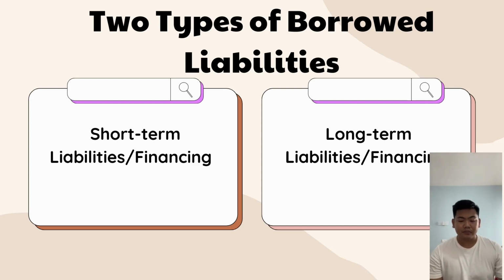So stock, this is a certificate of ownership. Stock is classified as common and preferred.